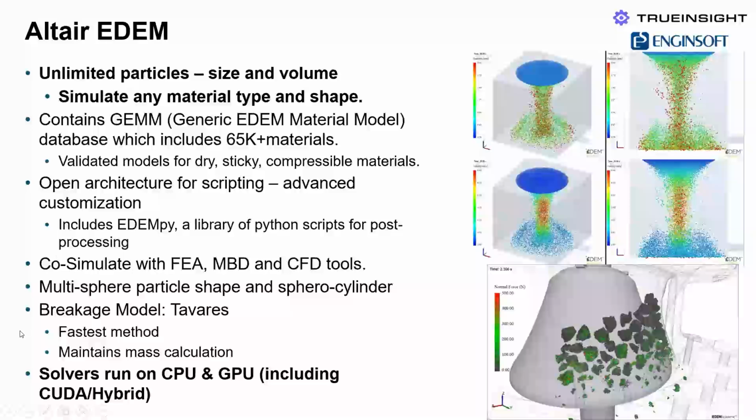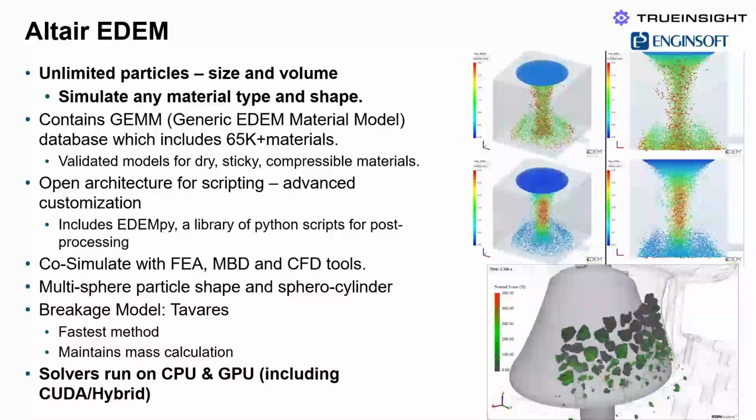There's an open architecture for doing scripting, including with Python. And the scripting is not only for model generation, but also for post-processing. You can co-simulate with finite element tools or multi-body dynamics tools or computational fluid dynamic tools. And our case study will show the co-simulation with the multi-body dynamics tool.